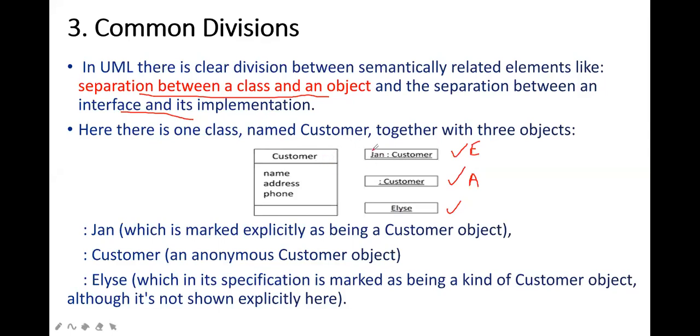These are three objects related to this class, but they are different, graphically only. In the graphical format, I can easily know that this is the explicit customer object, this is anonymous, and this is the customer object which is not shown explicitly. So this is what the common divisions are.